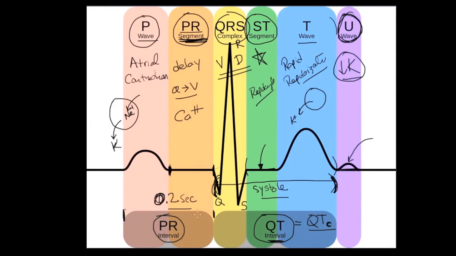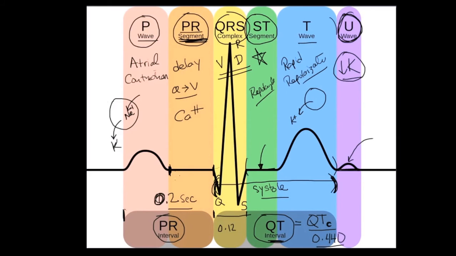Remember, that's one big box. The QRS should not be any bigger than 0.12 or 120 milliseconds. And the QTc should really be no bigger than 440.